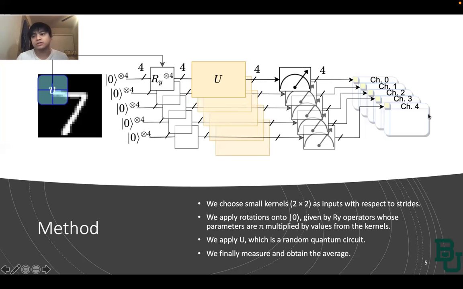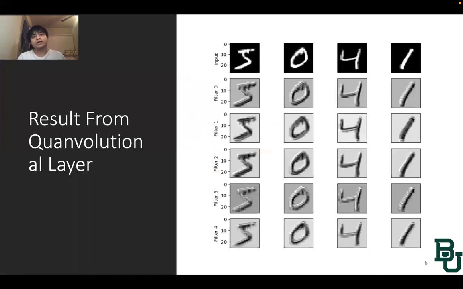Okay, and we have 5 filters, so as a result, we will have 5 outputs. So it's just like a convolutional layer, right? But we use a quantum circuit instead. As a result of the quanvolutional layer, you can see here is the input, and this is each filter of the quanvolutional circuit.